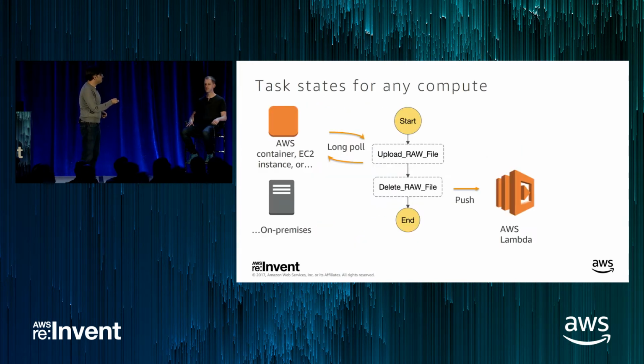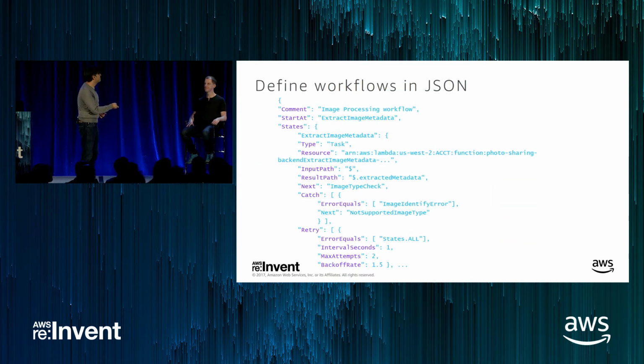You can see a Catch statement, an array of Catch elements. So if you get certain kinds of errors, you can go to different parts of your workflow. You can also see a Retry policy that says if you get an error, try the state again. You can put in exponential backoffs to back off and retry, and you can do this state by state in your workflow. This makes the code that contains your business logic in your task states, whether they be Lambda functions, containers, or EC2 instances, or even on-prem servers, much simpler to develop and maintain.